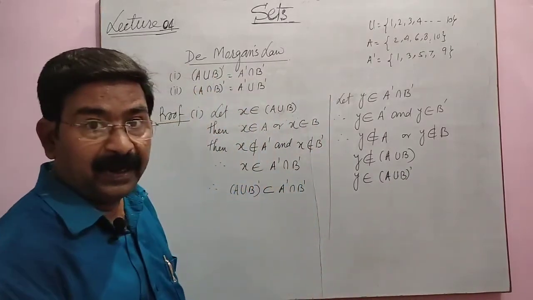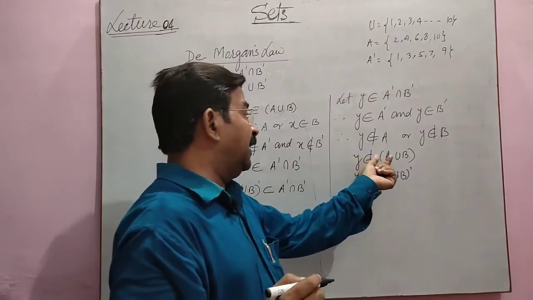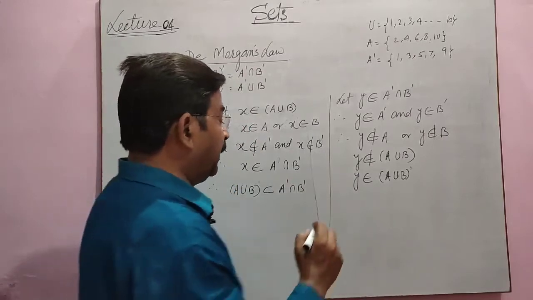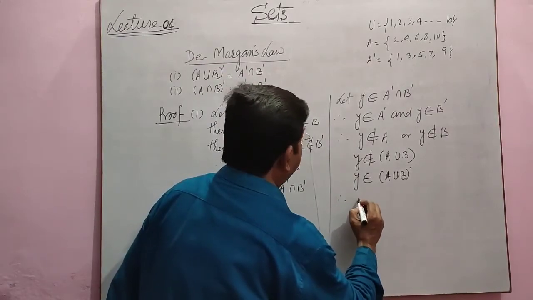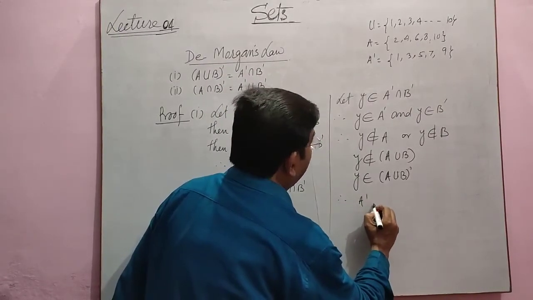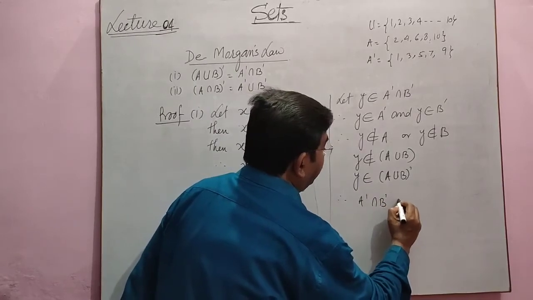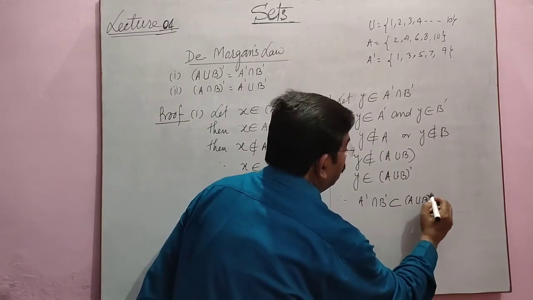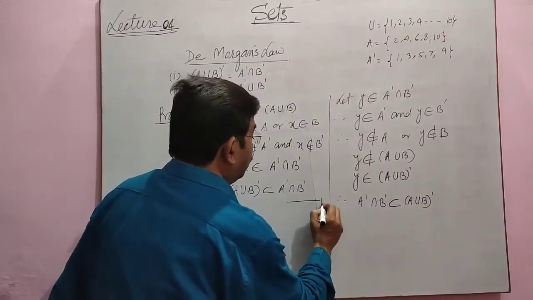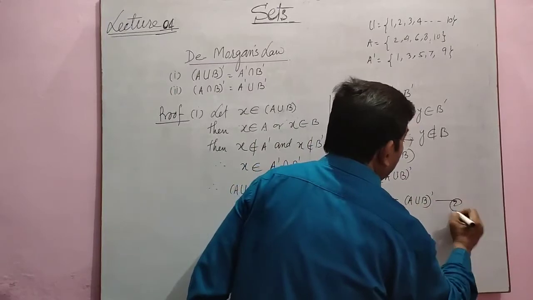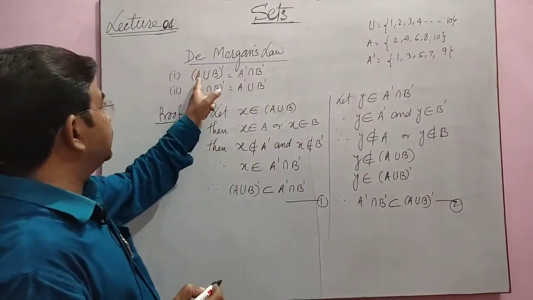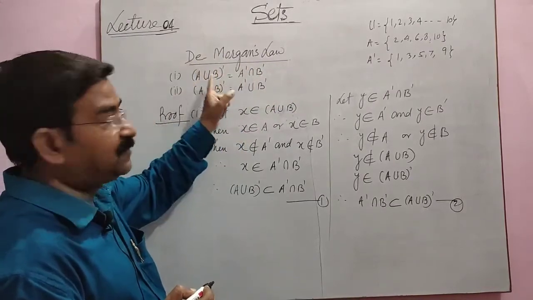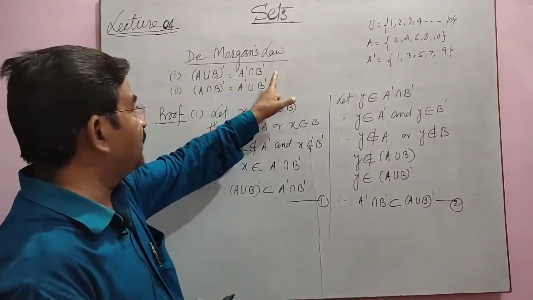If an element is not found in the set, it means it is found in its complement. Here we have A complement intersection B complement is a subset of A union B complement. So here equation number 1 and here equation number 2. See, this side is a subset of this side and this side is a subset of this side. It means left side is a subset of right side and right side is a subset of left side.